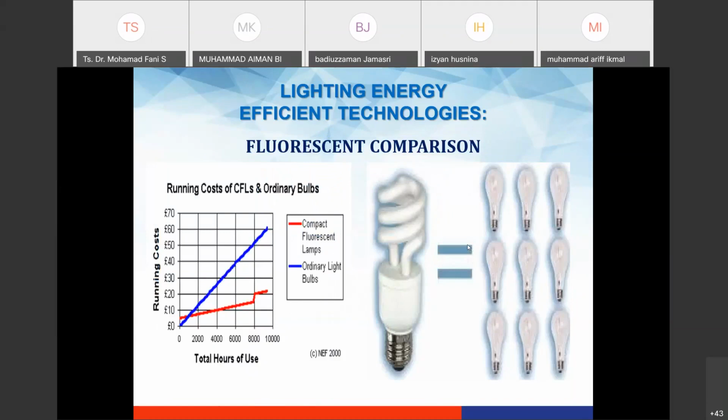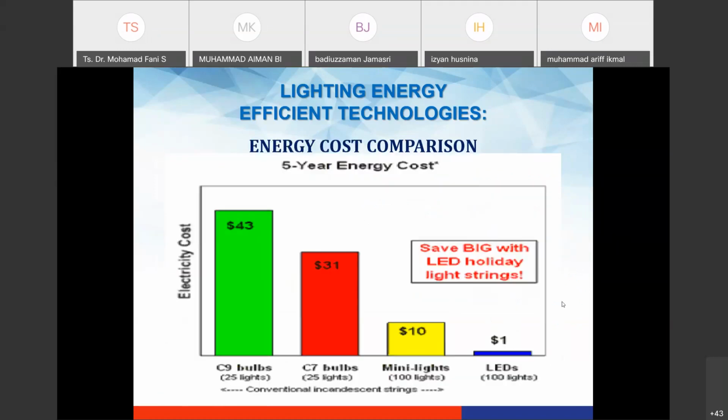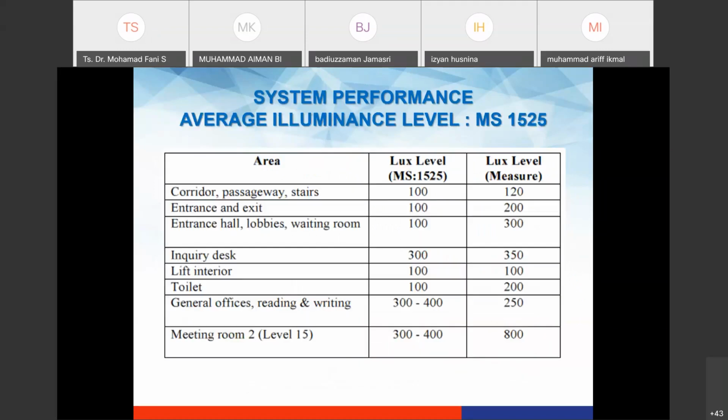For the conventional CFL compared to the LED, more watts can be reduced from the CFL to the LED bulb. So we can have LED at 5 watt, 6 watt right now.